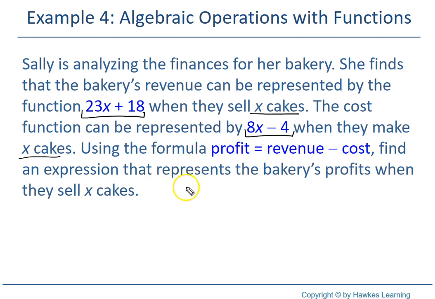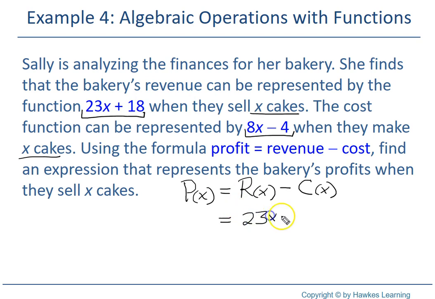Now, you may or may not have had this in the past, but we often think of profit function is equal to revenue function minus cost function. And that's what they're saying here. So revenue is this, 23x plus 18 minus, now we have to put this cost function in parentheses.